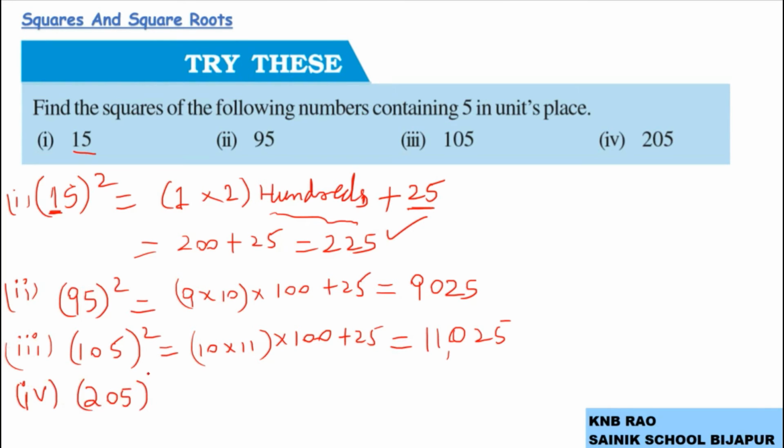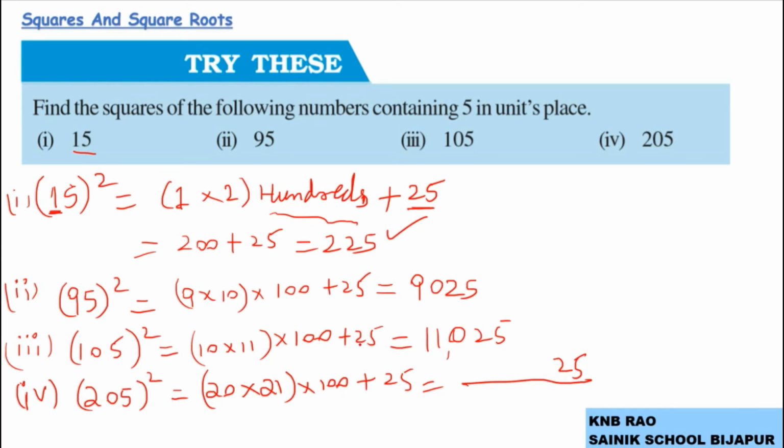205 square is 20 into 21, which is successor of 20 into 100 plus 25. So certainly this number also ends in 25.